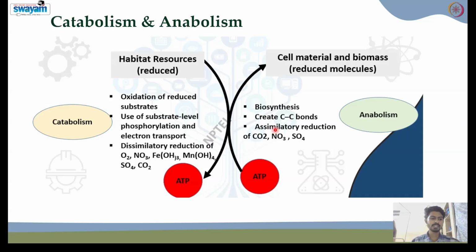So this is the basic difference between catabolism and anabolism, where the substrate gets converted into ATP in the case of catabolism, whereas in anabolism, using the ATP, new cells are formed. This is the destructive process, and this is the constructive process.